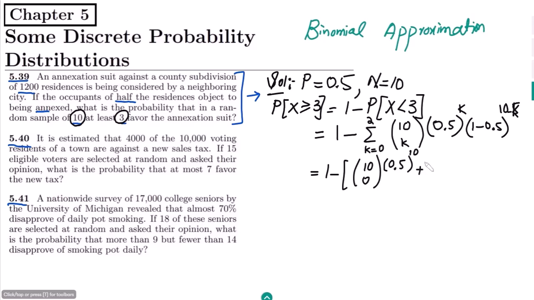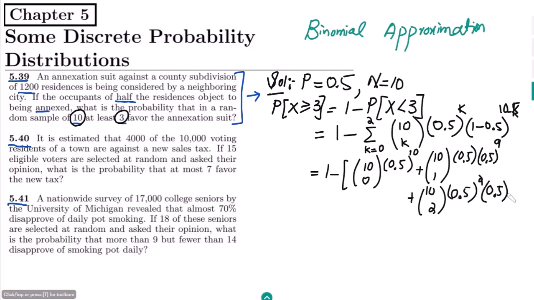Similarly, for K equal to 1, it would be 10 choose 1, 0.5 raised to power 1, and 1 minus 0.5 is 0.5, raised to power 9. And the last one would be 10 choose 2, 0.5 raised to power 2, and 0.5 raised to power 8. Okay, so that is what we have.